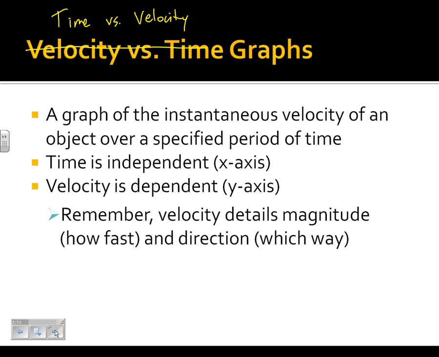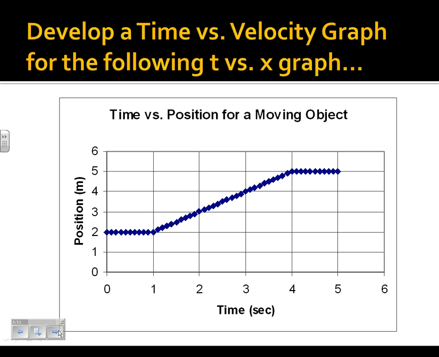So here's what I want you to do first. Just on a piece of scratch paper, or some of you may have printed these out already. If you did, I'll take away the answer slide when I post them online, so you don't have the answer right in front of you. Here's a time versus position graph.